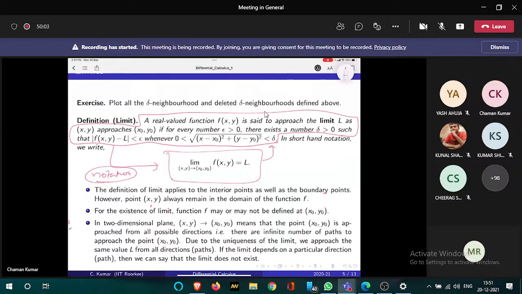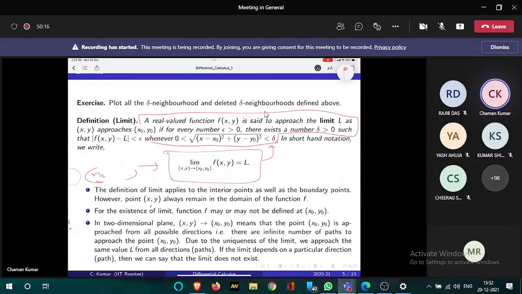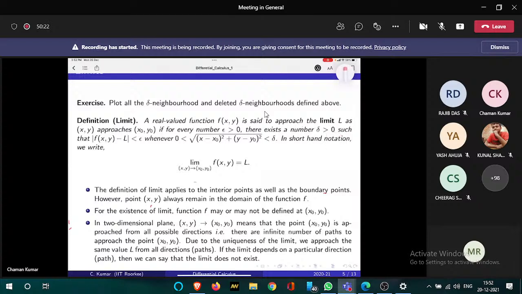Sir, what does this epsilon signify? Epsilon is a very small number. So you see that in the definition, what does it mean?